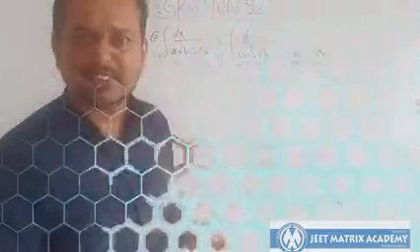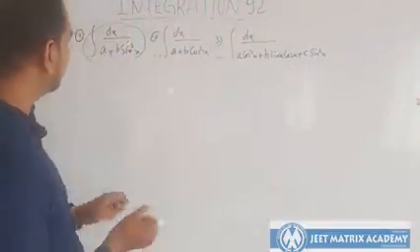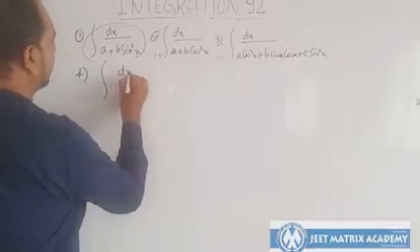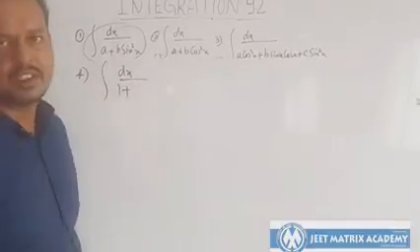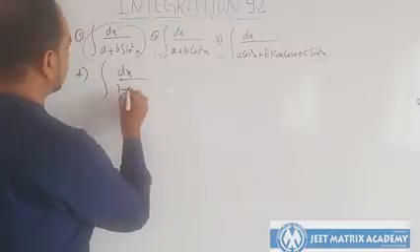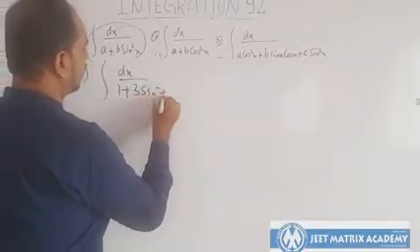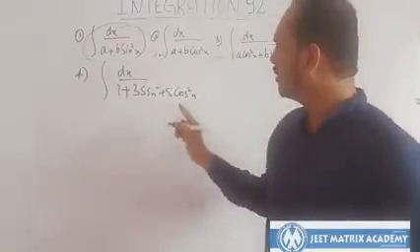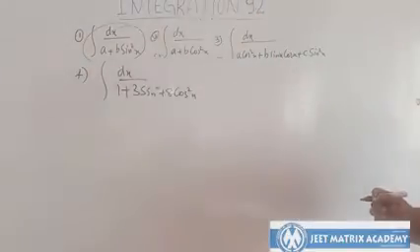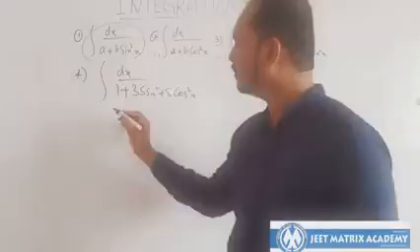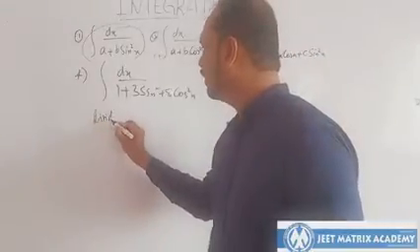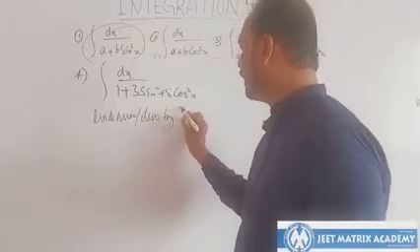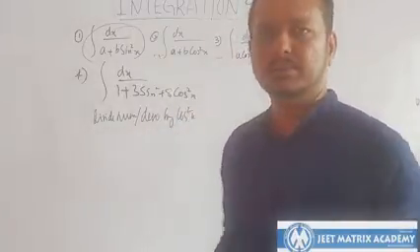So we will discuss one more last problem. The fourth problem: integration of dx divided by 1 plus 3 sin square x plus 8 cos square x. So this is one kind of problem. Divide the numerator and denominator by cos square x. Follow the same method.